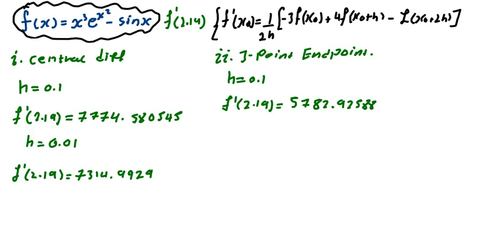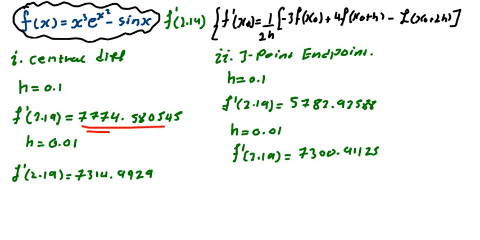When h was equal to 0.01, we ended up with f prime of 2.19 to be equal to 7,300.91125. Okay, so these are the values that we got. There's this one, this one, this one, as well as this one.